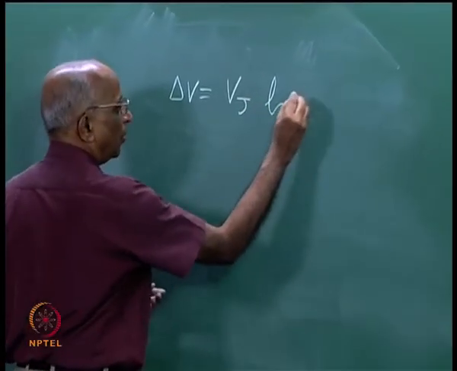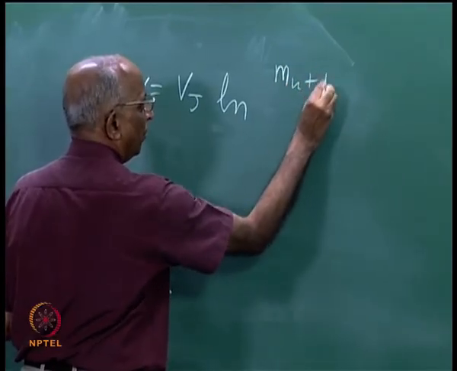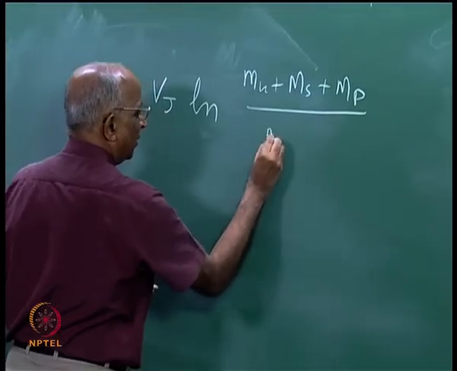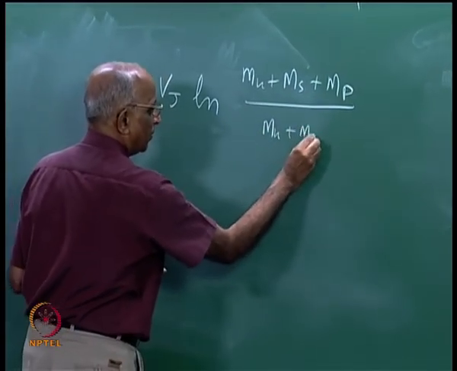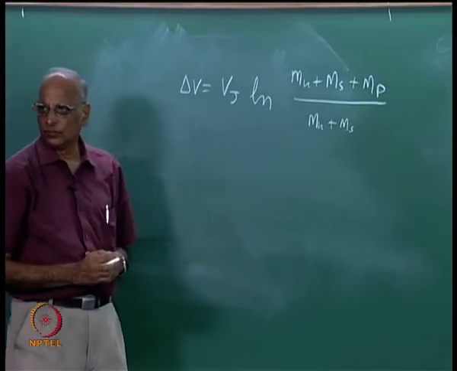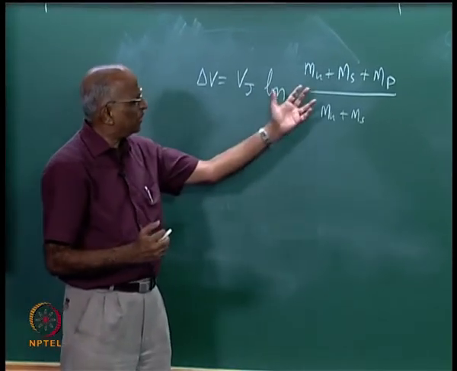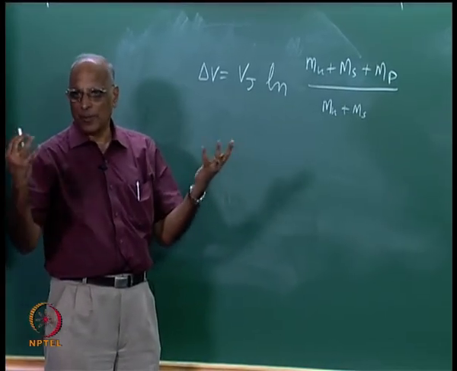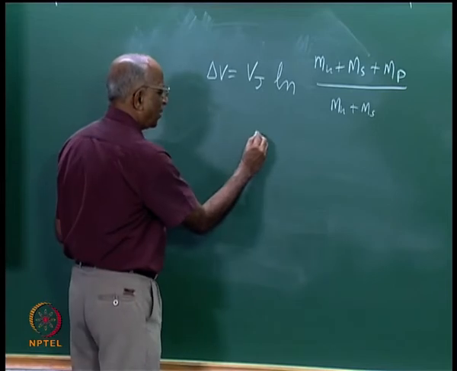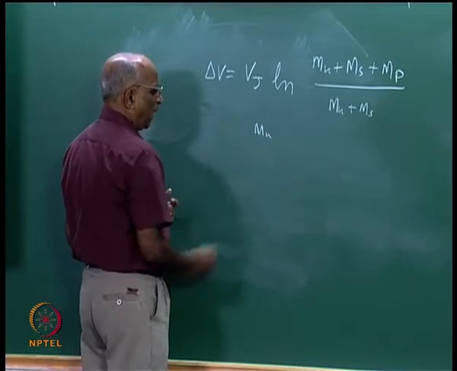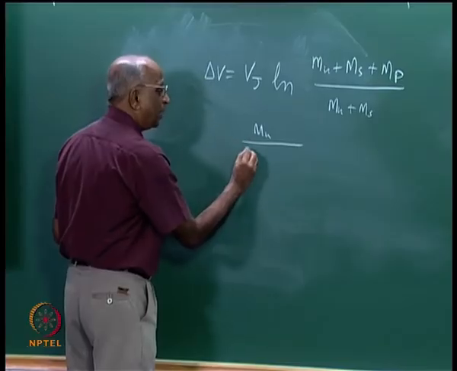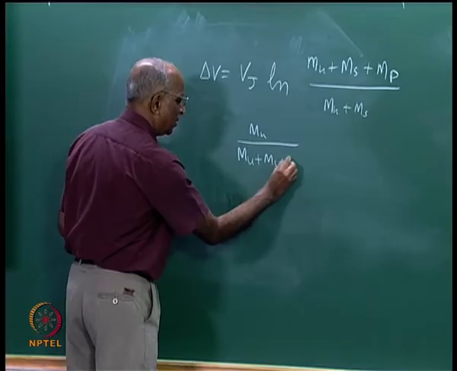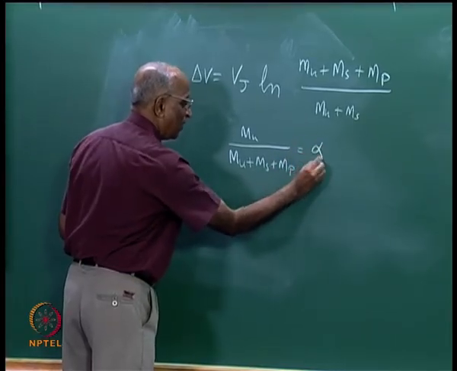Vj ln of Mu plus Ms plus Mp, the initial mass. Now, instead of working with these kilograms of mass, let us put it in terms of non-dimensional mass fractions, and let us say I call the useful mass of a rocket, Mu divided by the total initial mass, namely Mu plus Ms plus Mp, equal to alpha.